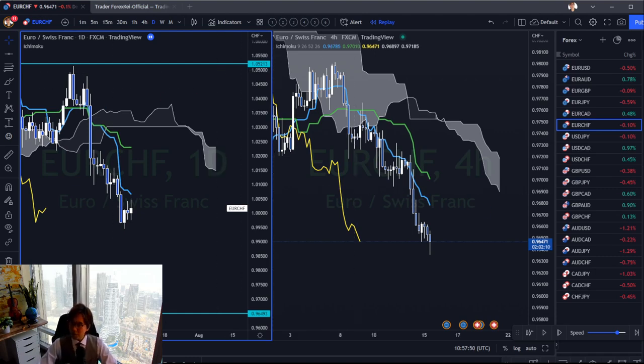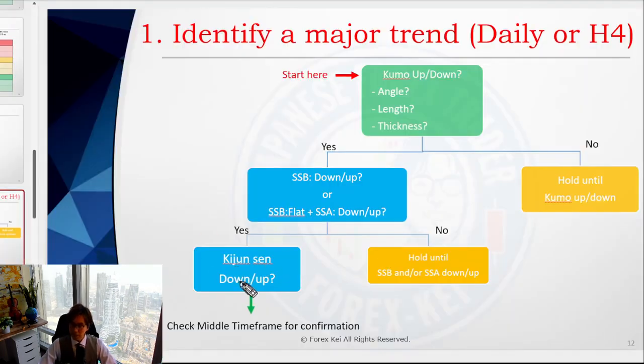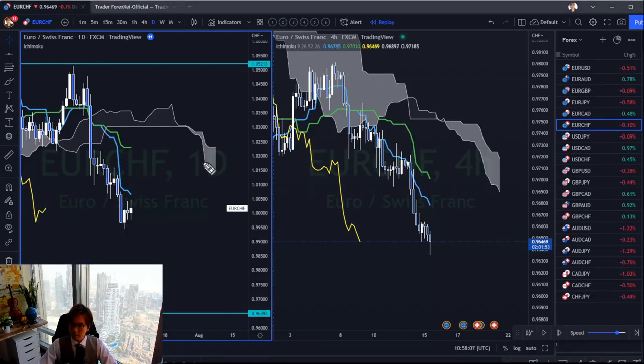So once you confirm either Senko span B down or A down, in this case, then what you're going to do next is check the Kijun Sen, whether it is down or flat. So again, in this case, Kumo Senko span A is down, it's nice, Kumo thickness good, but Kijun Sen is now flat.